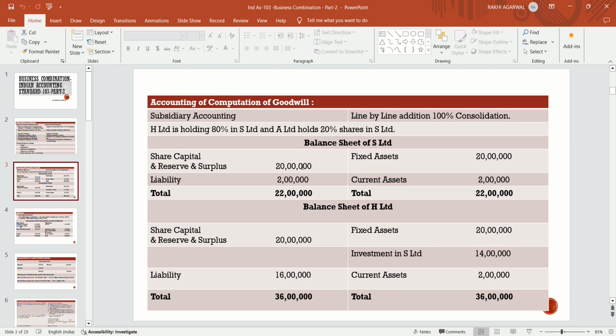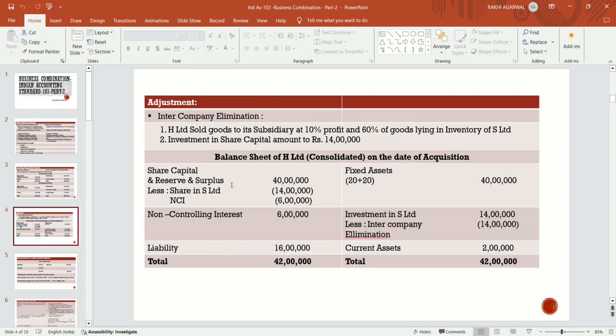We had taken the whole share of S Limited and the whole share of H Limited, but we have to reduce the share already acquired from S Limited, so that share is to be reduced. In the form of investment the holding company has acquired, so it will be eliminated from both sides. Like from investment it should be an intercompany elimination, and from reserve it should be reduced.